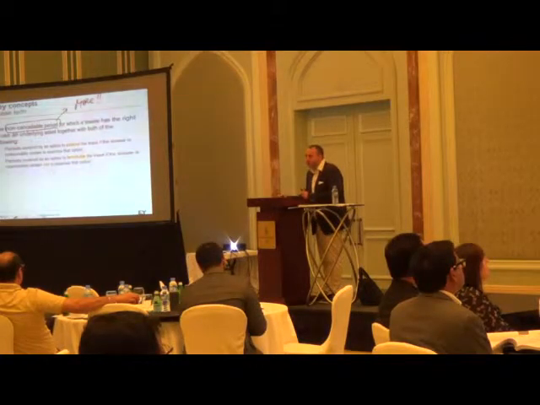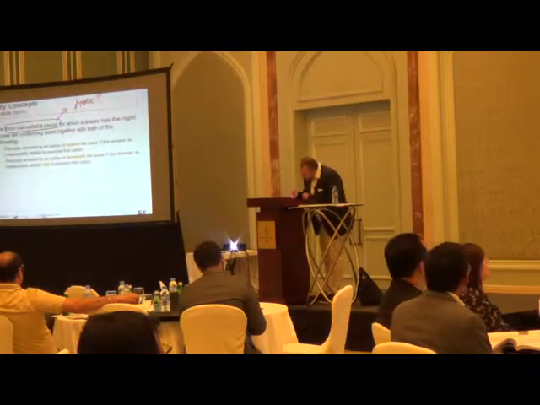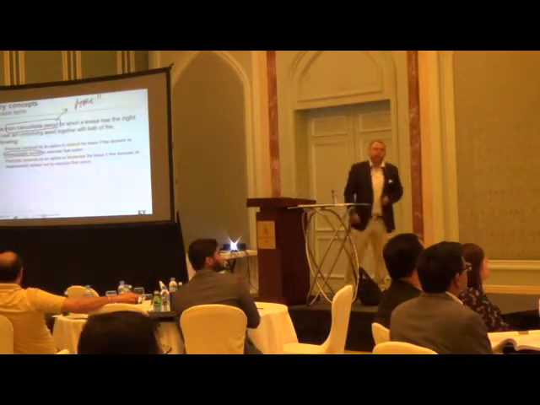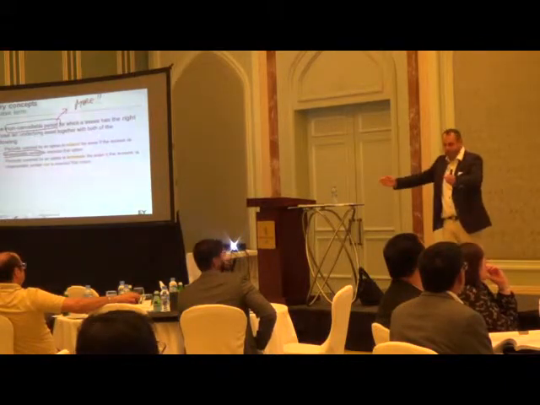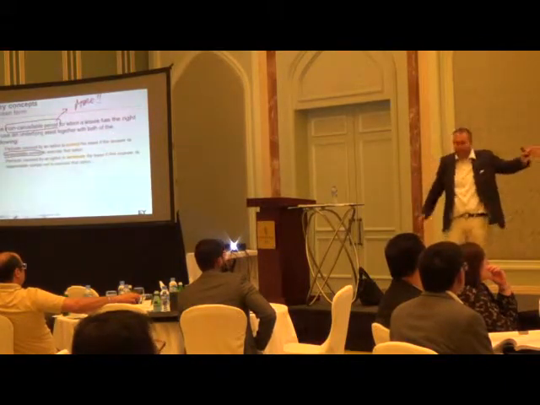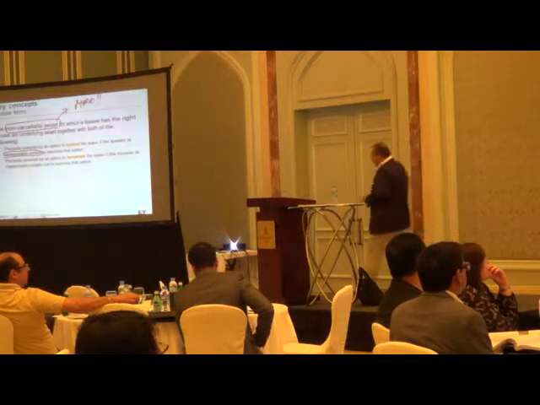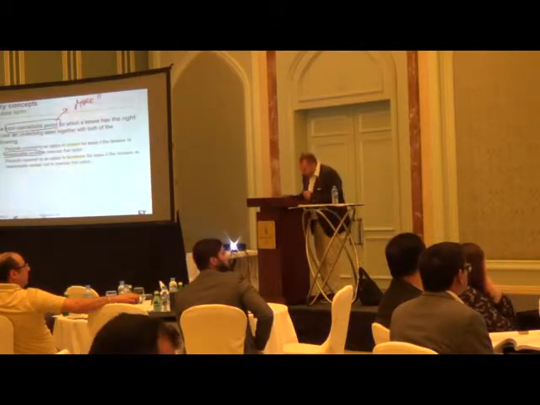Because you don't have to be virtually certain, you need to be only reasonably certain to extend. So if you have an extension option, the lease term is going to be based on that. I will show you an example in a minute. What do I mean? Let's see the next one.